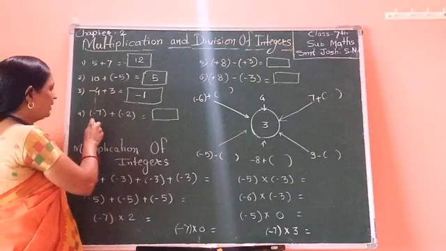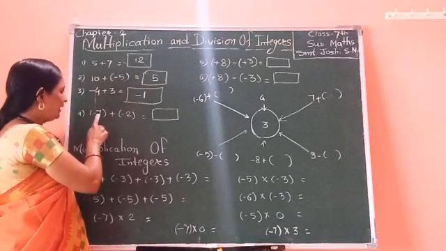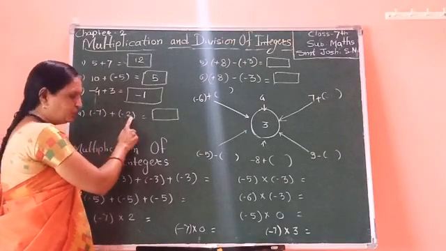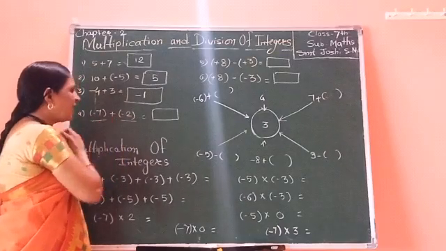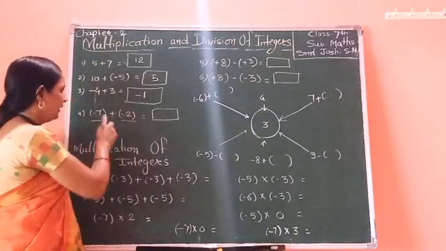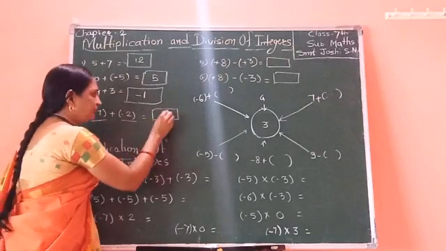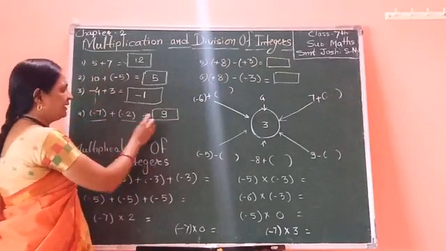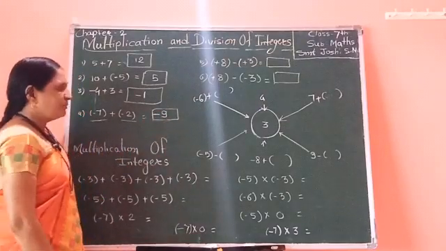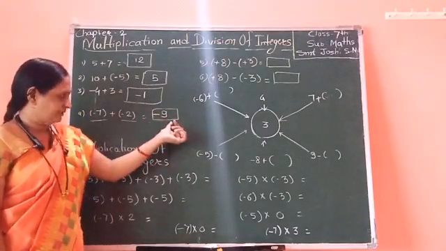Next, fourth example, negative 7 plus negative 2. Here two numbers are negative. Here add 2 and 7, means 9, and the sum is negative 9.